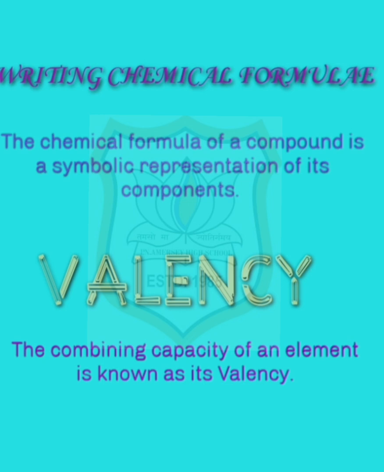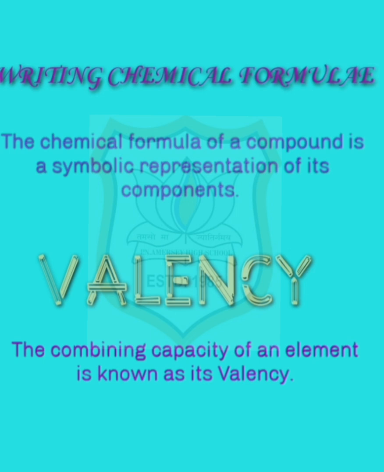Then iron sulfide, FeS, and copper oxide, CuO. In all these examples, metals are written first and then the non-metals, where oxygen, chlorine and sulfur are non-metals. So they have to be written on the right side, whereas calcium, sodium, iron and copper are all metals, written first on the left side.